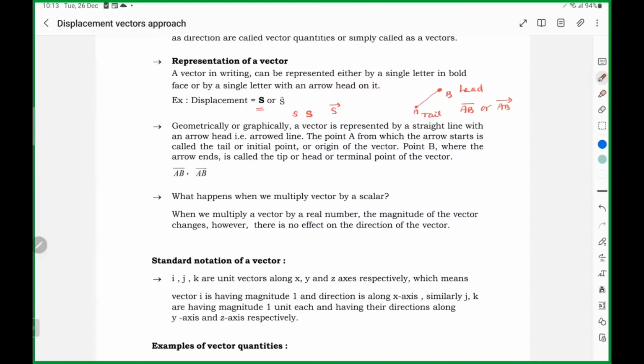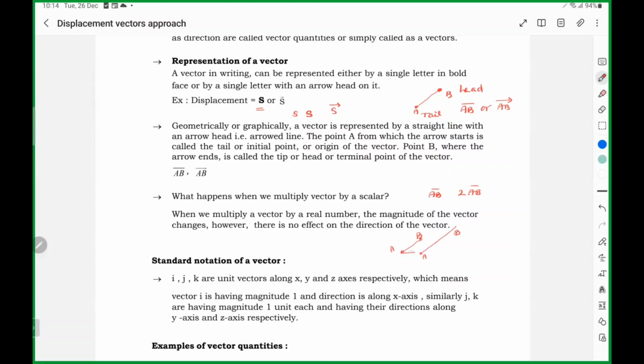And here, operations on vector. Like if I write AB bar and 2AB bar, here if I say AB, I will write like this. 2AB means there is a change in the magnitude.